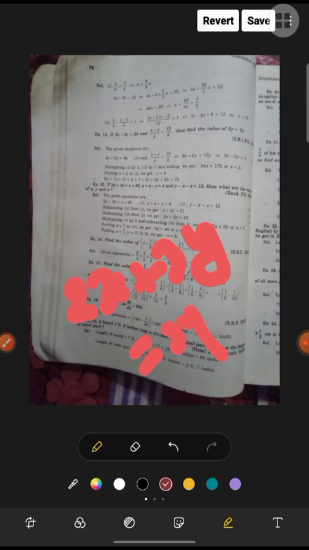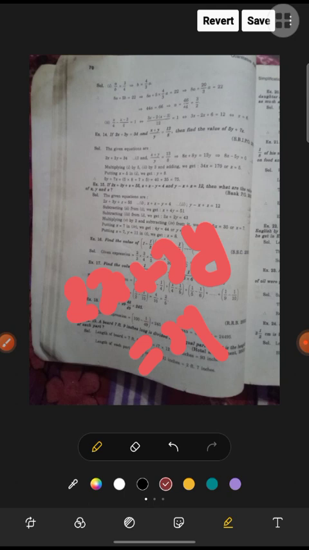So 5x plus 7x. So it is, sorry, 2. Something wrong is happening. X equals 5 and we get y equals 8.